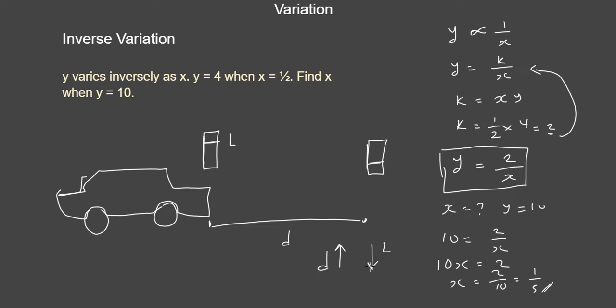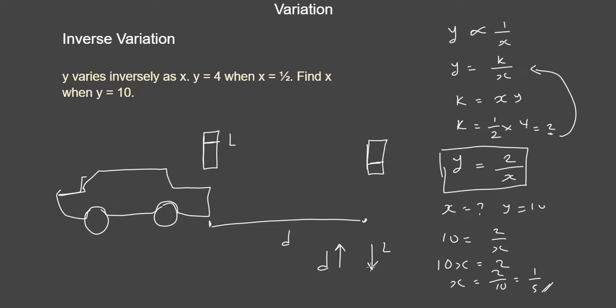For example, in the case of the perimeter, if the radius goes up, the perimeter goes up. But in this case, the higher the distance covered by the car, the lower the fuel level. That's how you conceptualize inverse and direct variation.